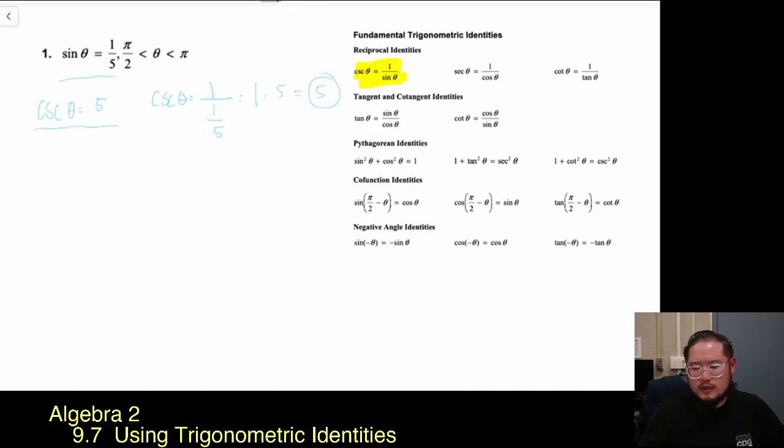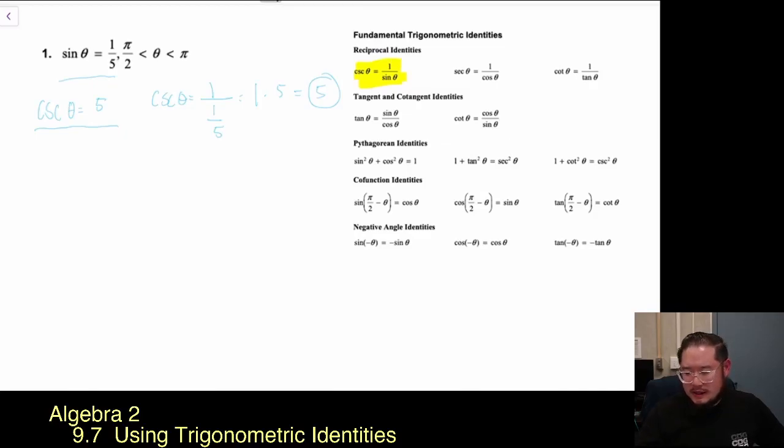So there is one of our trig functions. Now we have to figure out others. We've got 4 others that we have to solve for, but all I know right now is sine and cosecant. Well, let's take a look in our lists.